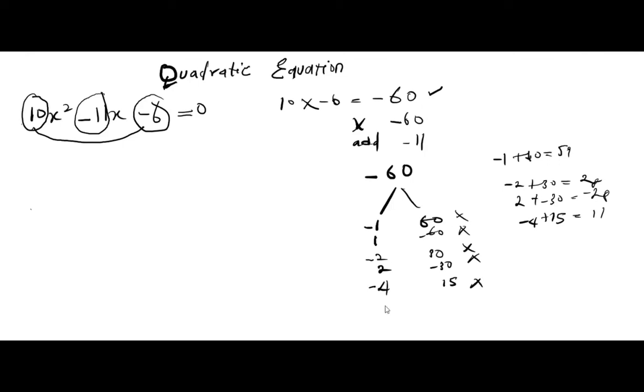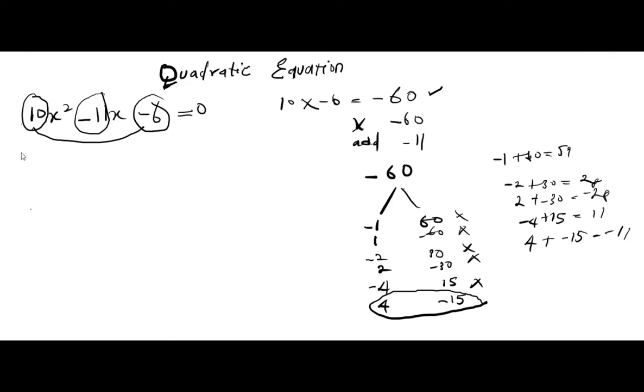Let's flip the sign. We have 4 and negative 15. 4 times negative 15 is negative 60. Then 4 plus negative 15 equals negative 11. This is correct. So we are using this. Okay? So 4 and negative 15.